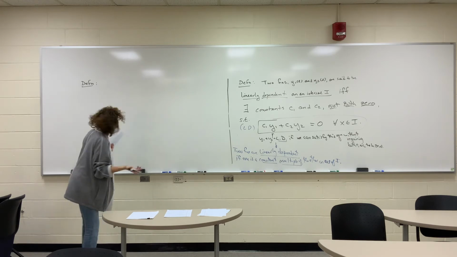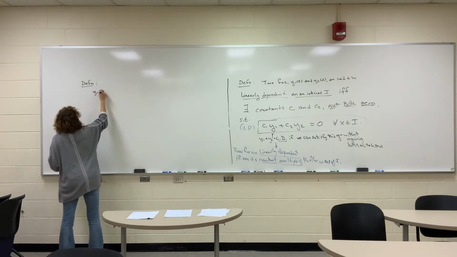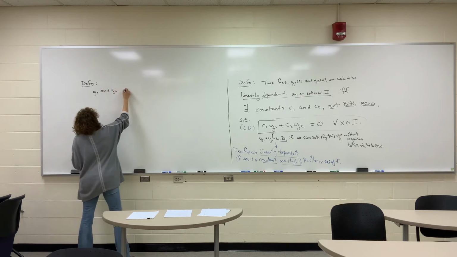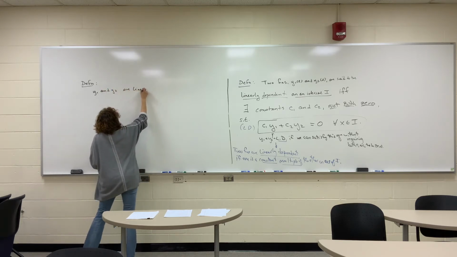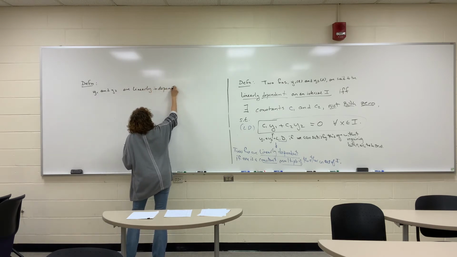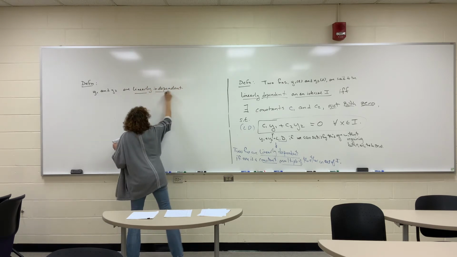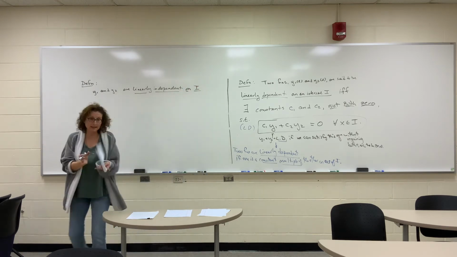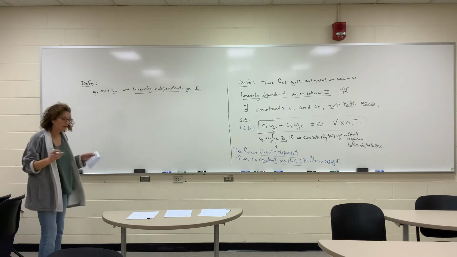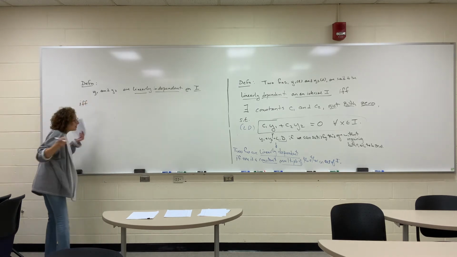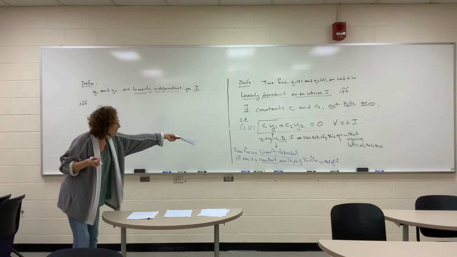So y1 and y2 are linearly independent on an interval I, some set of values for the independent variable, if and only if, well, there are a lot of ways we can say not linearly dependent.